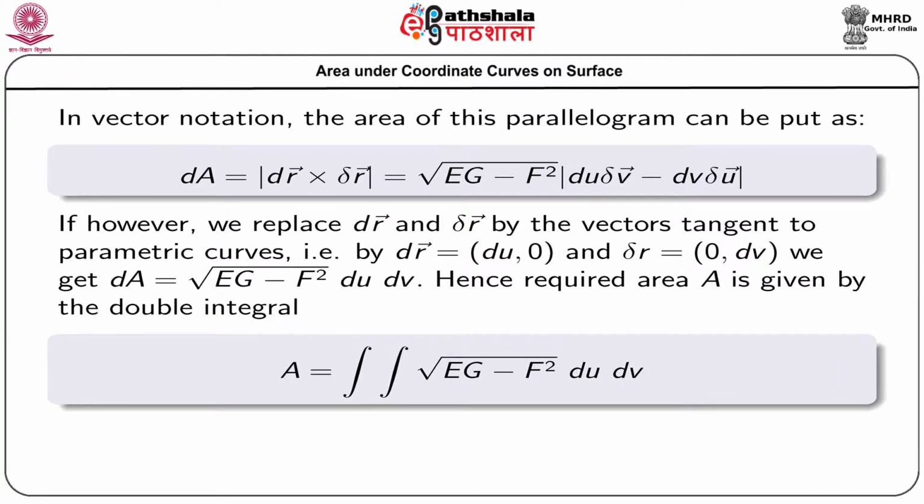This is the expression where a is the determinant of a alpha beta, and we know from the first fundamental form how to find the values of a alpha beta. So, we can easily find the value of a, and if we put the value of a in the above expression, and integrate once by du and then by dv with the given limits, we can find the area for the bounded region.